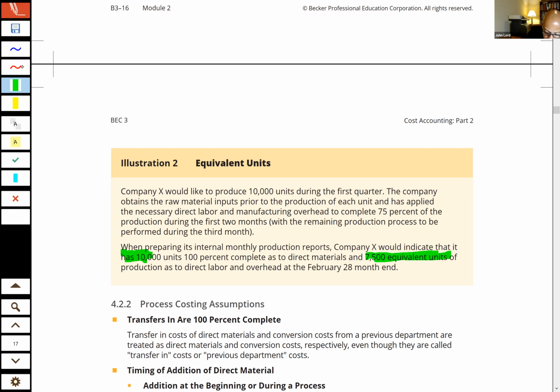And the way they would get to that is to take the 10,000 times the 75%. And that's how they would come up with the 7,500. So the actual calculation of the equivalent units is pretty straightforward, pretty easy, okay?